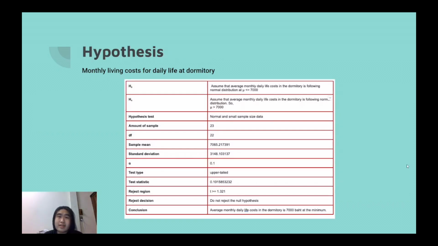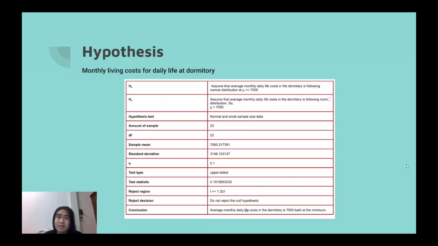Next is the hypothesis test. In this sample, there are 23 samples, which is a normal and small sample size. That means we will use the t-distribution instead of the normal distribution. In this test, I will set the null hypothesis at mu at least 7000 and the alternative hypothesis at mu more than 7000.